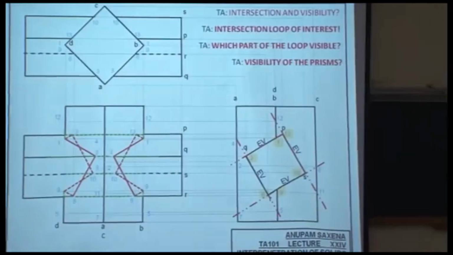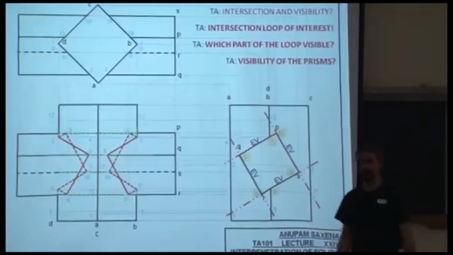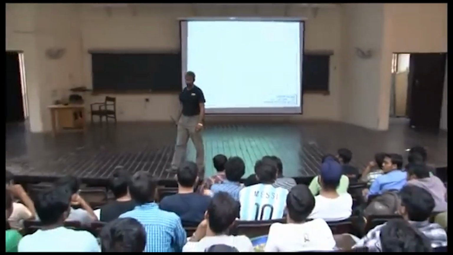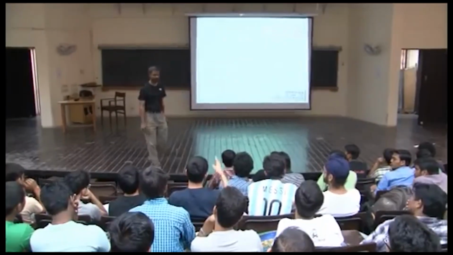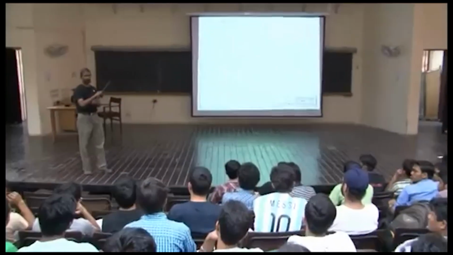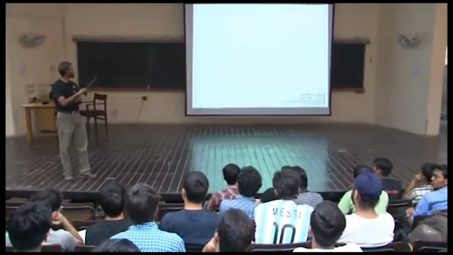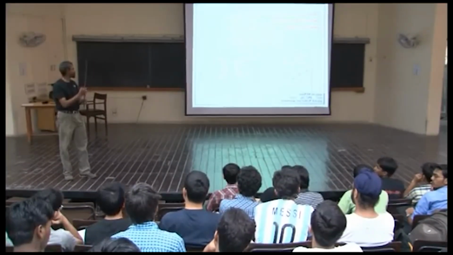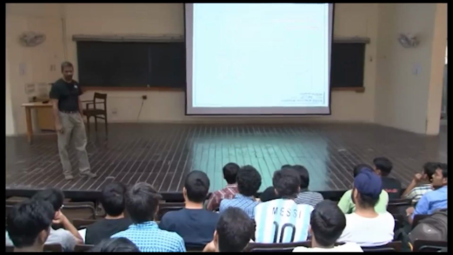So we say that one solid has been cut through and the other has been left solid. Suppose both are equal in size and placed symmetrically, then we cannot tell which is removed and which is inside it. In that case, you will make this one dotted, if they are equal in size.